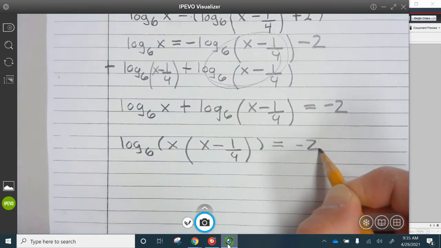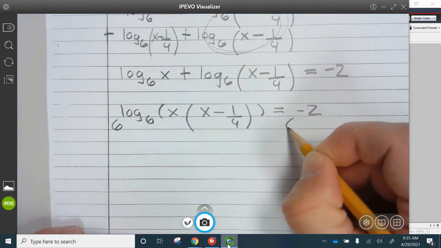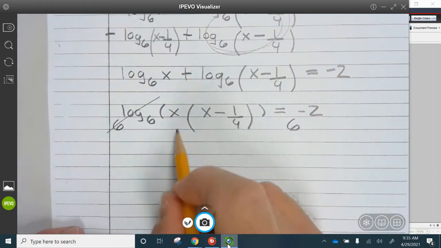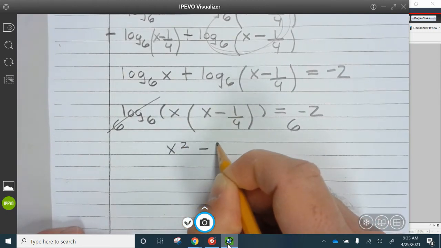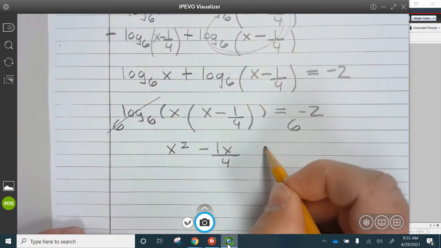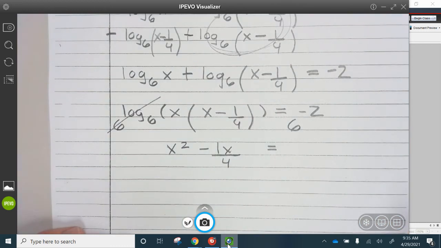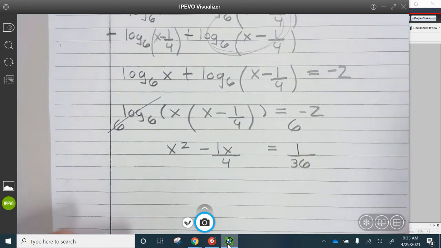All right, we're going to raise both sides by a base of 6. That cancels. Distribute, you have x squared minus 1x divided by 4 equals 6 to the negative 2, which is 1 divided by 36.